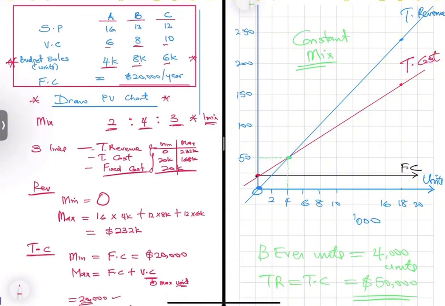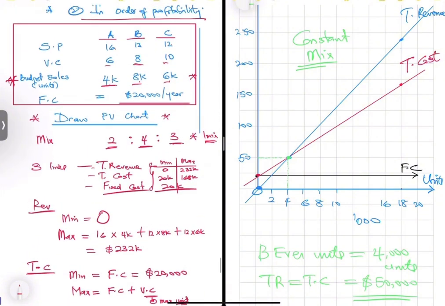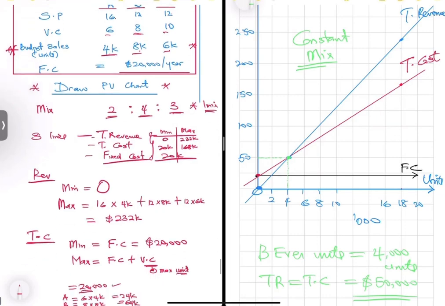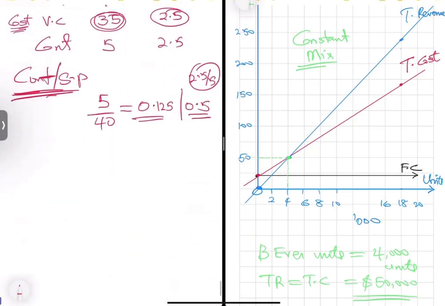What's our contribution for each of these? Quickly give me the contribution for A, B, C. We have 10 for A, 4 for B, and 2 for C. And what is contribution to selling price? Which is the contribution margin?